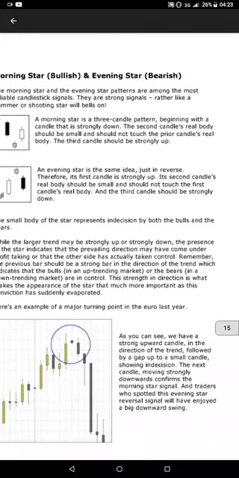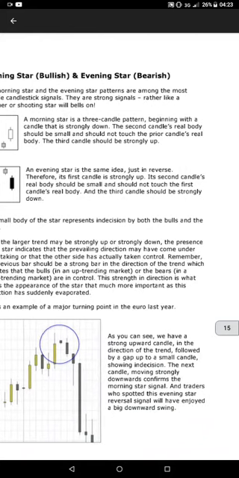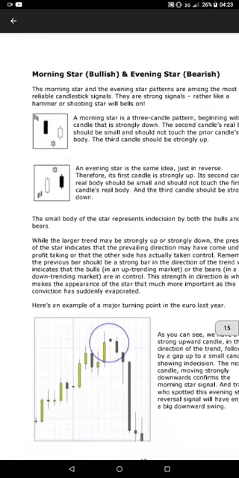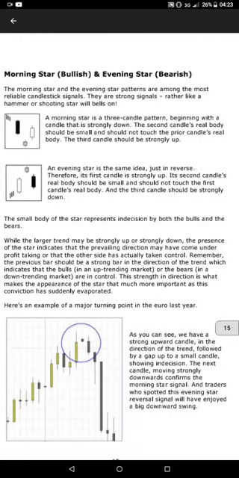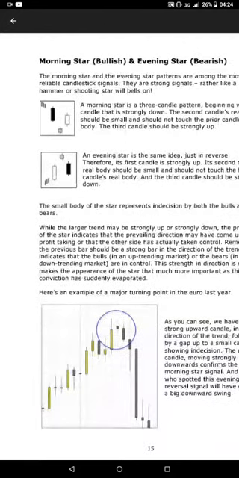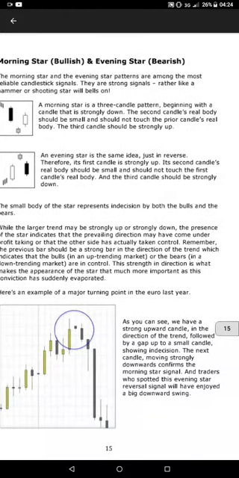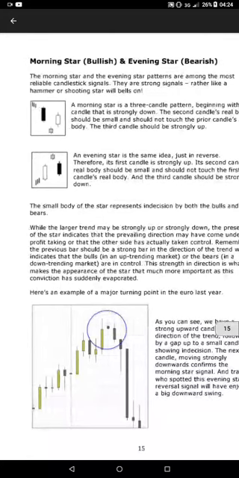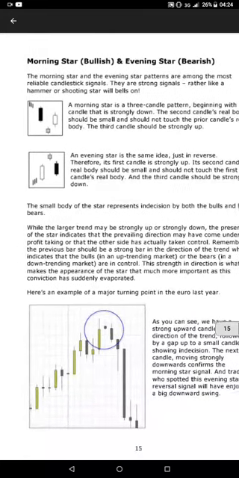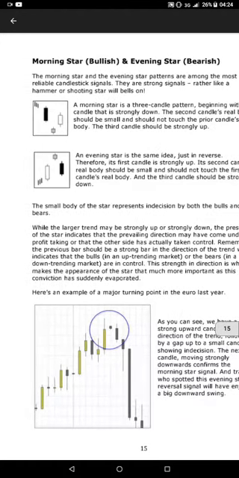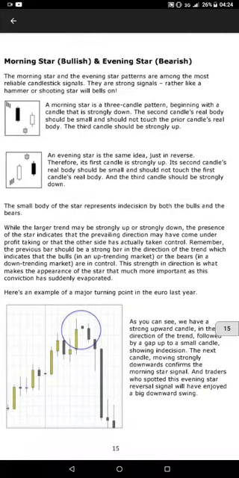While the larger trend may be strongly up or strongly down, the presence of a star indicates that the prevailing trend may have come under pressure. The previous bar should be a strong bar in the direction of the trend, which indicates that the bulls in an uptrend market or the bears in a downtrending market are in control.